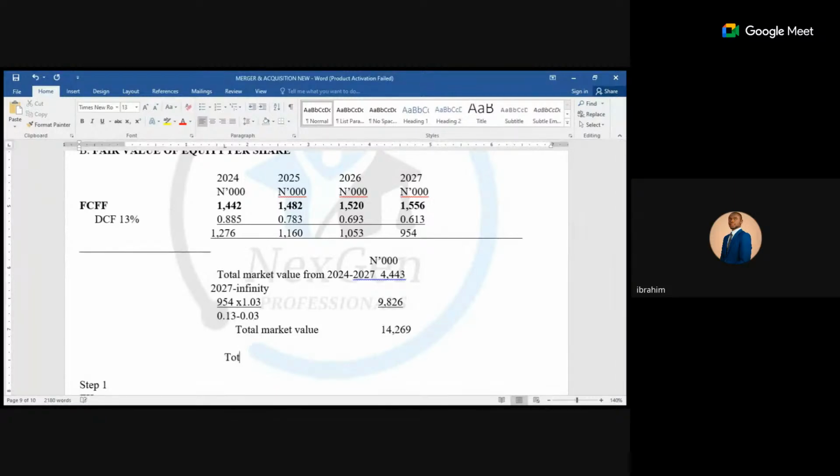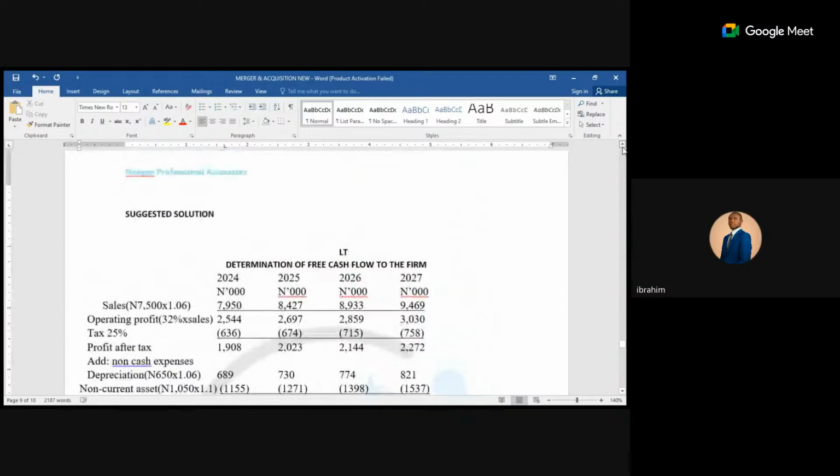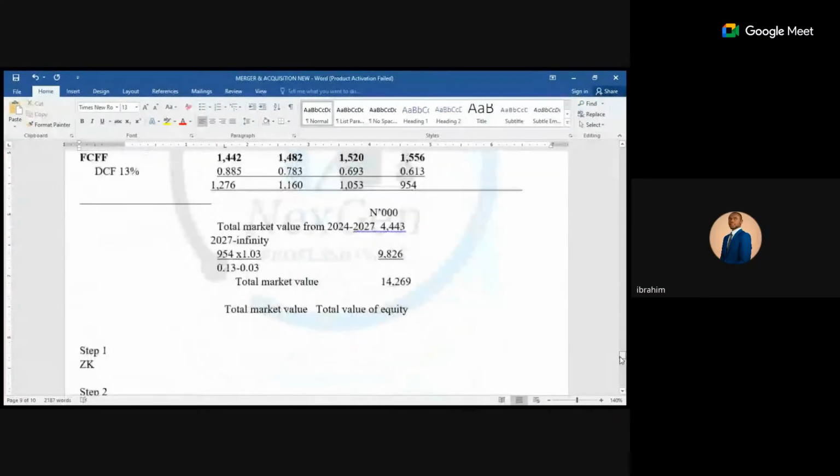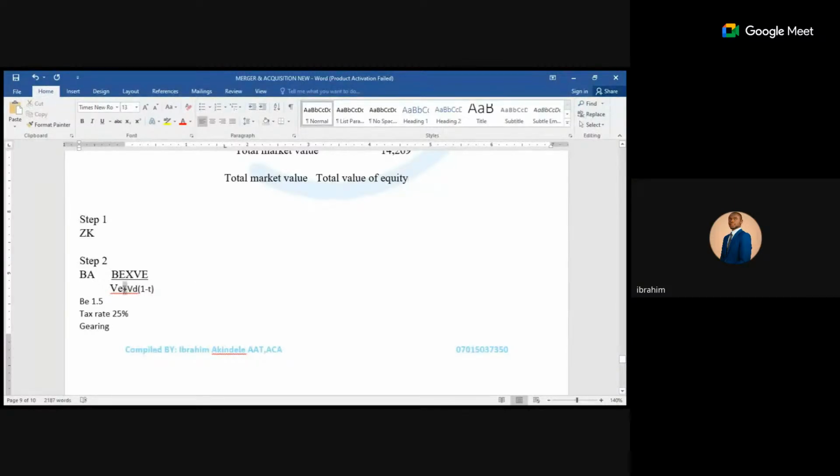Recall, total market value is total value of equity plus total value of debt.